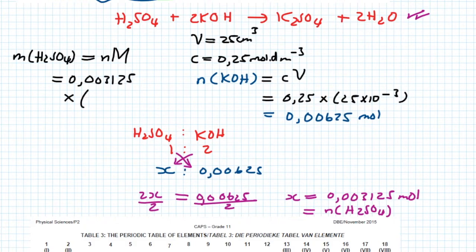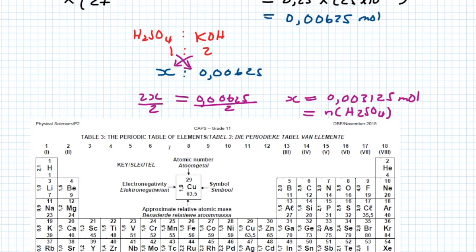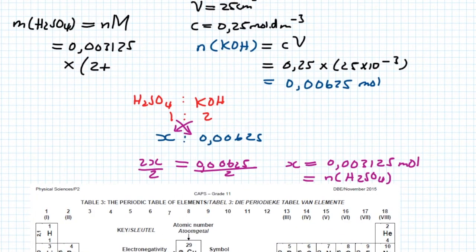The molar mass is going to be 1 times 2, that is the hydrogens, plus sulfur has an atomic mass of 32, so we say plus 32 plus 4 times 16, that is the oxygen atoms. Or if you'd like to, you can sub in a molar mass of 98, that's also going to work. In the end, the mass of the sulfuric acid is 0.31 grams. And that is the answer to this question.